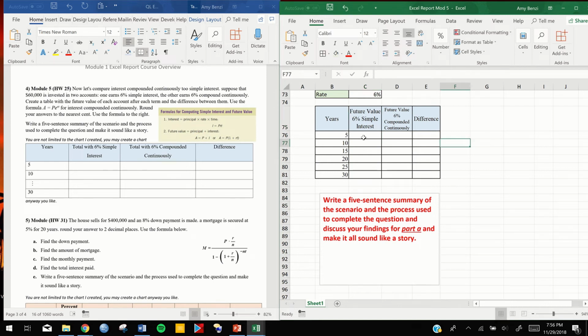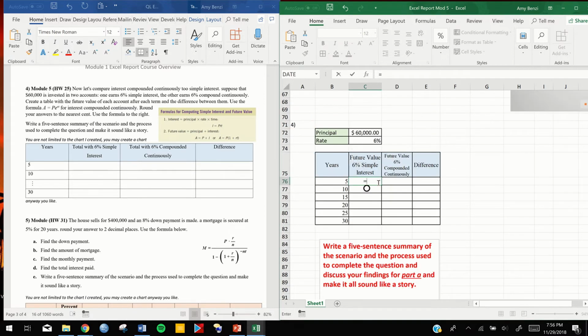All right. So the future value for this one, it's a formula. My formula says that I am going to do the principal plus the interest. Well, the interest is the principal times the rate times the time. So I have all kinds of ways I can do this, and I'm going to actually just show them to you.